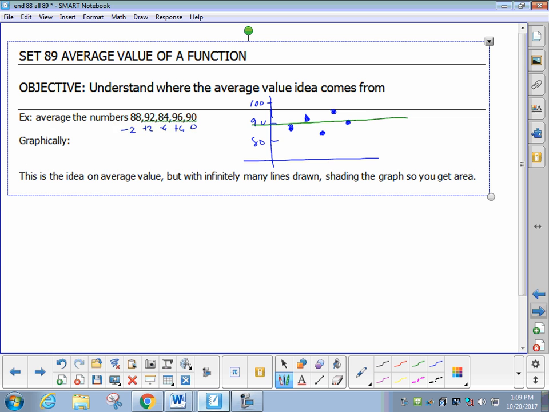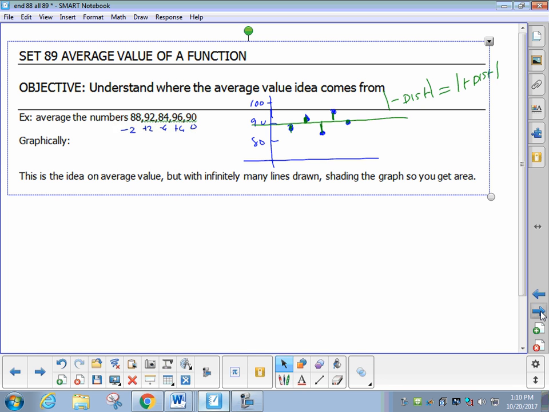This distance of 2 below gets knocked out by this distance of 2 above, and this distance of 6 below gets knocked out by 6 above. And that's on the line, so that's no distance. In the end, the negative distances must equal, at least in absolute value, the positive distances. You follow? If that's truly the average, that should always happen. The amount of differences below should cancel out the amount of differences above.